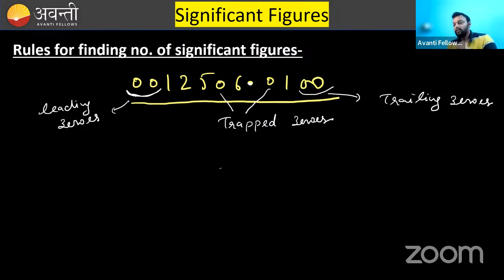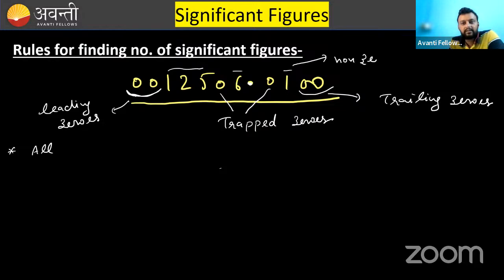Now the punchline, the rules start. So there are not so many rules. First rule is very clear, and it states all. Can you see that this 1, 2, 5, 6, and 1? These are the non-zero digits.